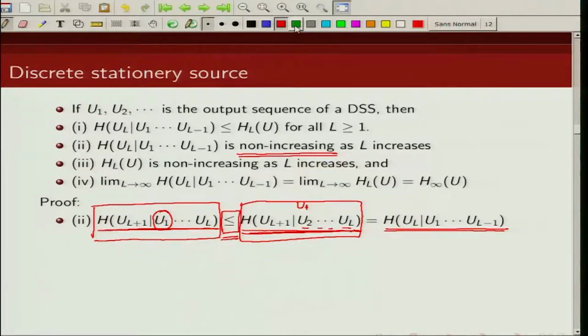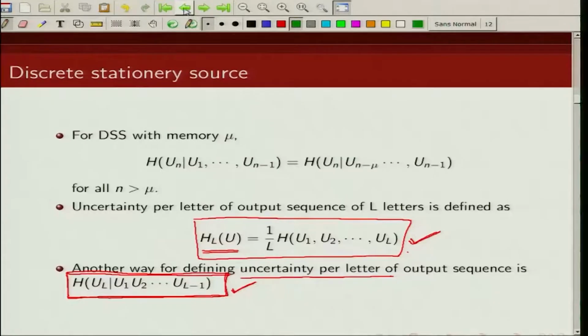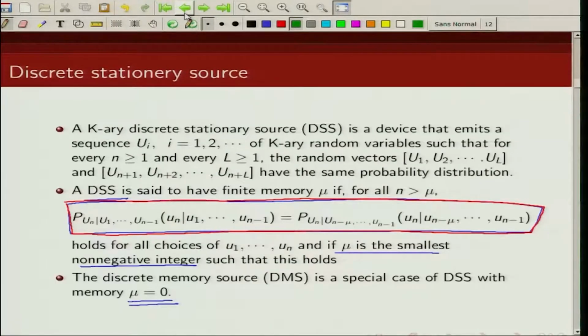Now this quantity can be rewritten because the U_i are the output of a discrete stationary source. So the uncertainty in U_{L+1} given U_2, U_3, ..., U_L will be the same as the uncertainty in U_L given U_1, U_2, ..., U_{L-1}. If you recall the definition of a discrete stationary source, what did we say?